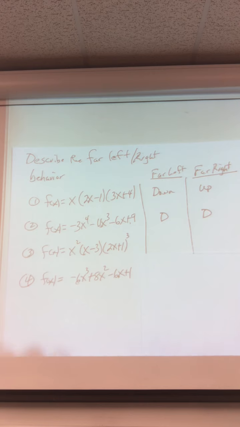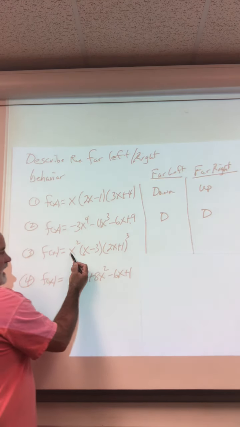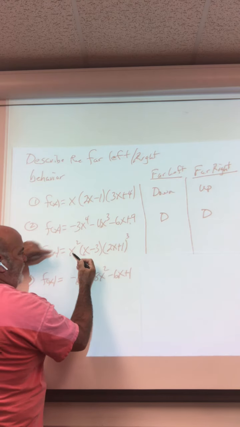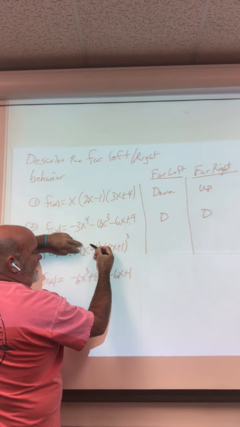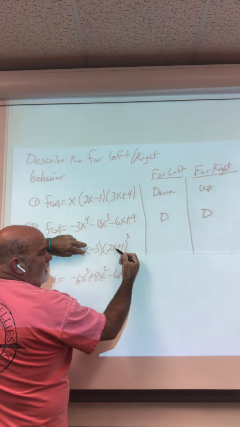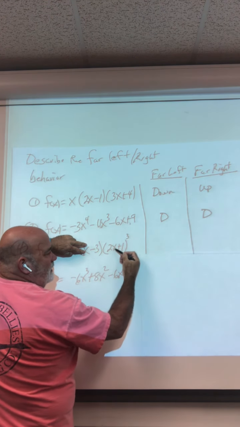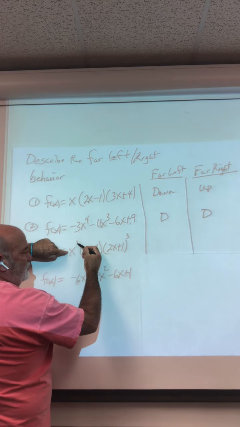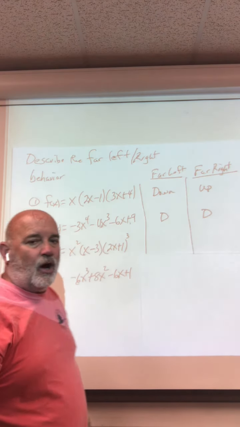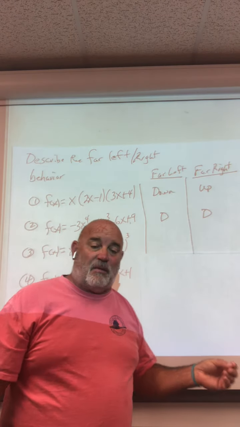Now, got to be a little careful about this next one, because you don't just say x, x, x. It's x squared. That's another one, so that's x cubed. And then this is x cubed. So that's x cubed, x to the first, x squared. One more is 3, 4, 5, 6. So that's x to the sixth all together because you add exponents.